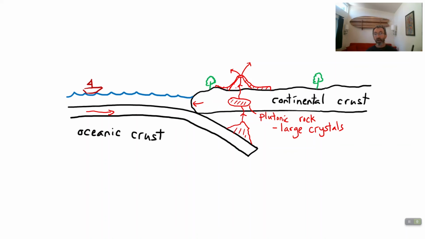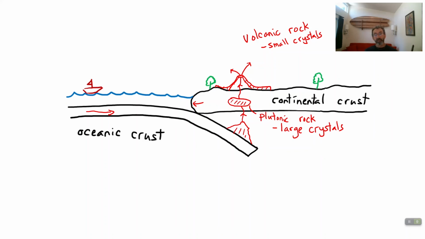Now, this type of rock is known as volcanic rock. And because volcanic rock is erupted out onto the surface, it cools down very quickly. And as a result, the crystals don't have time to grow. And so this is a rock characterized by having small crystals.